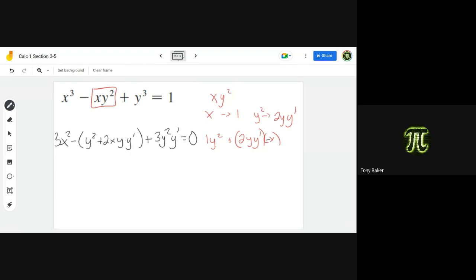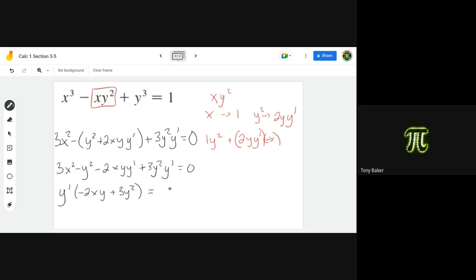All right. So now we've got to clean things up a little bit. So I've got 3x squared minus y squared minus 2xy y prime plus 3y squared y prime equals 0. So let's move our stuff over and factor out the y prime. So on this side, I have y prime times negative 2xy plus 3y squared.